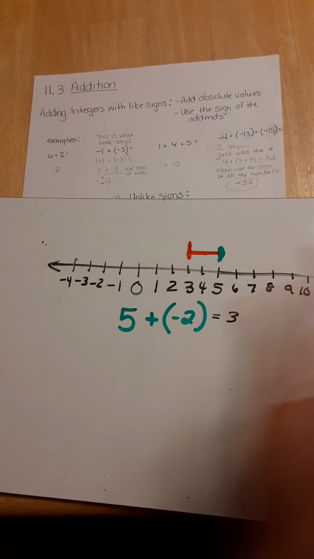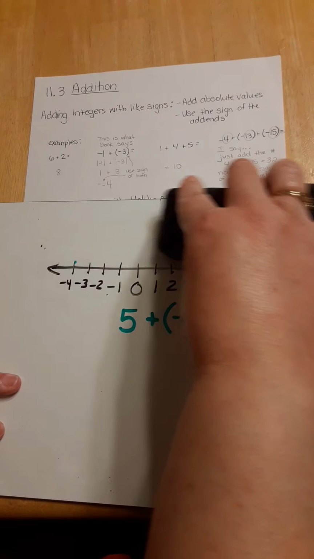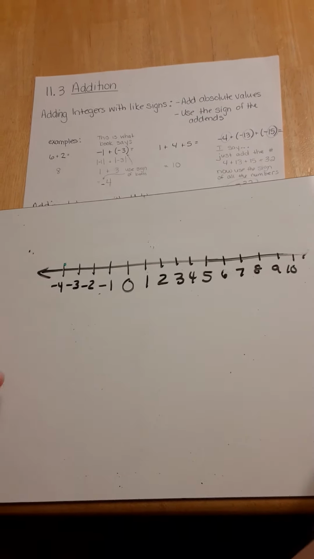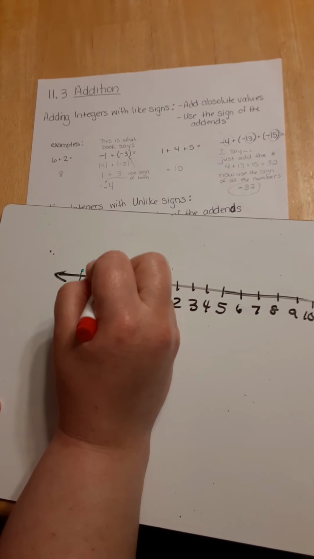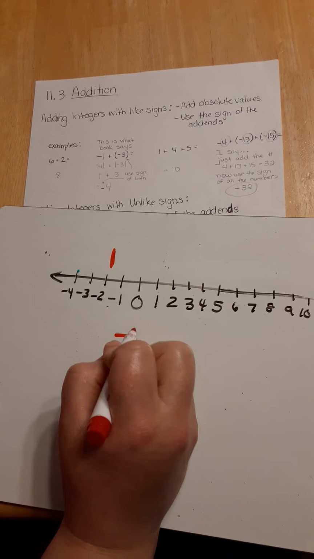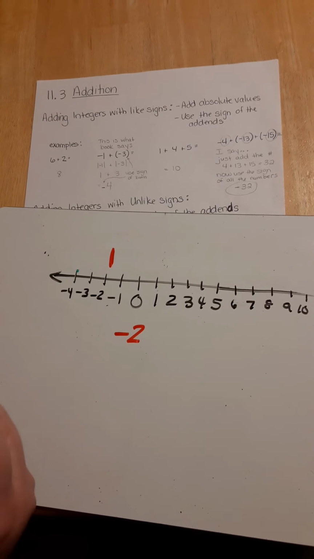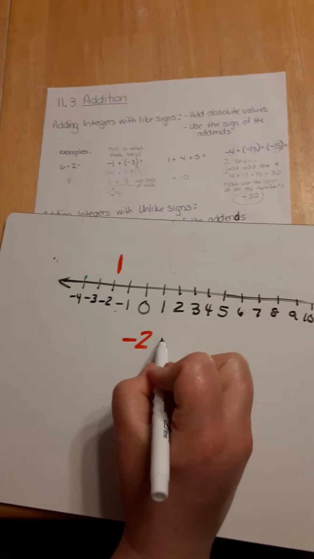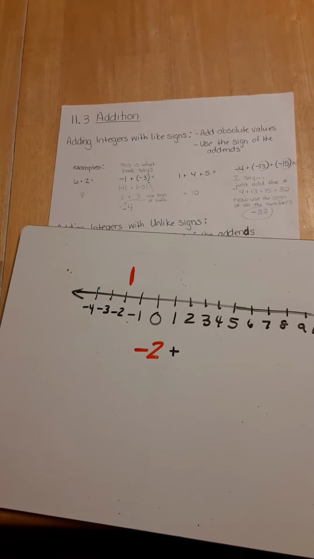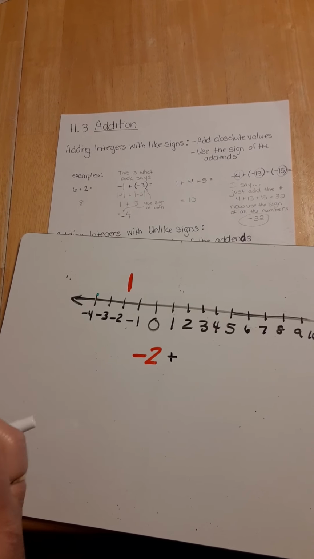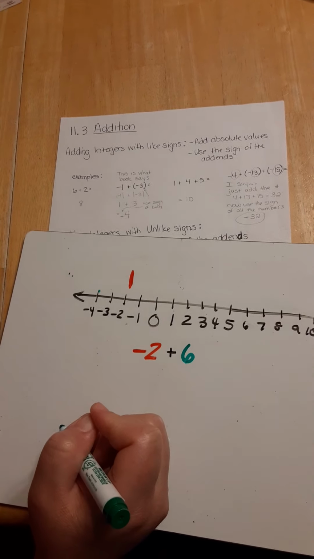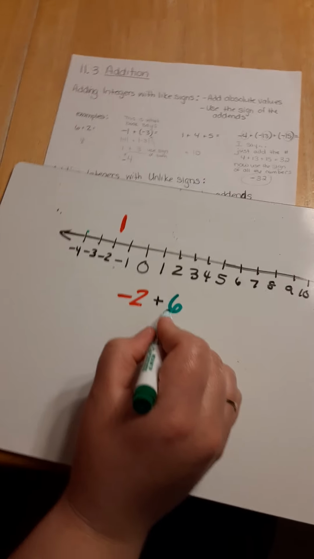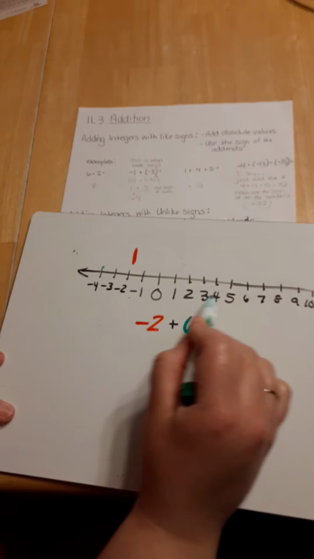Okay, how about if I start with a number, let's say -2. Okay, so I have -2, and to that, let's add a +6. Because it's positive, remember all my positives are to the right of 0.